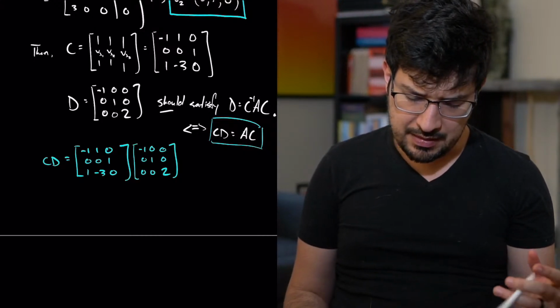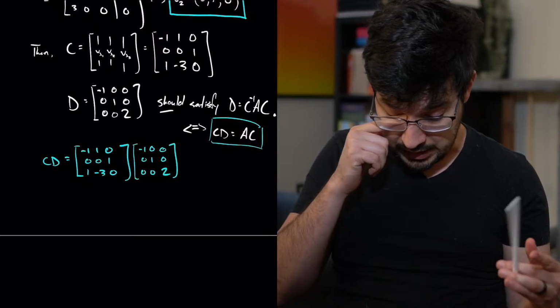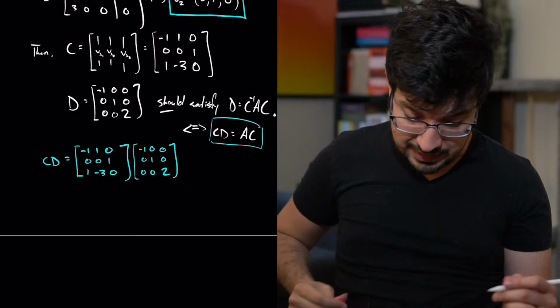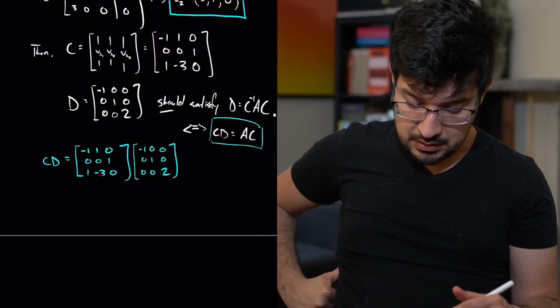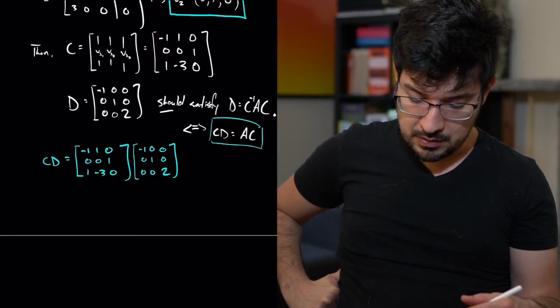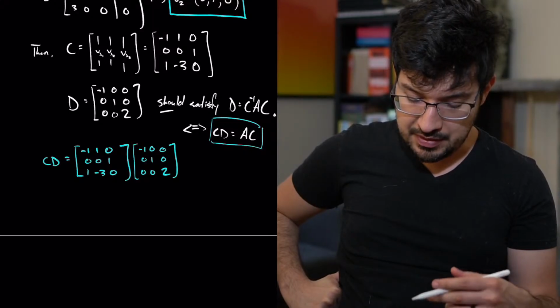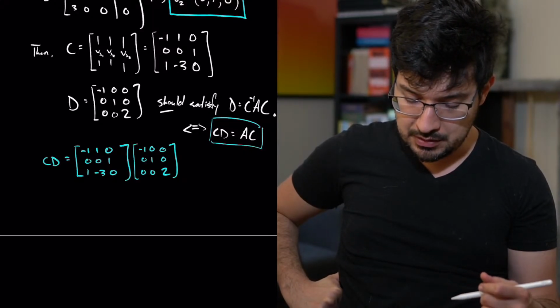I think this means -1 times the first column, the second column is fixed, and then the third column is doubled.